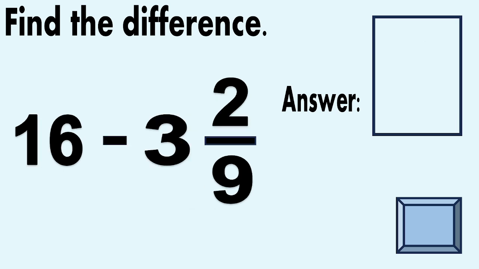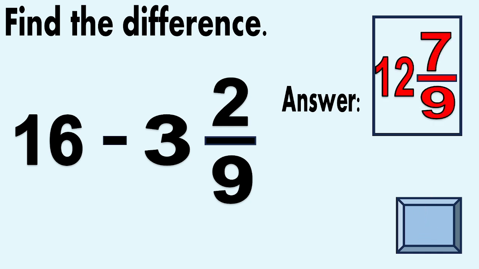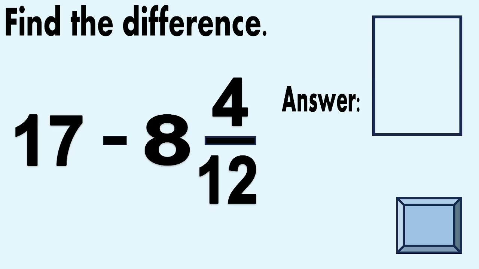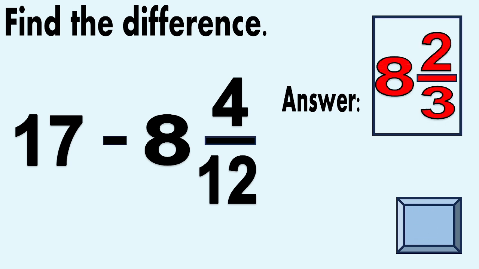Next, 16 minus 3 and 2/9. Time's up, the answer is 12 and 7/9. 17 minus 8 and 4/12. Time's up, the answer is 8 and 2/3.